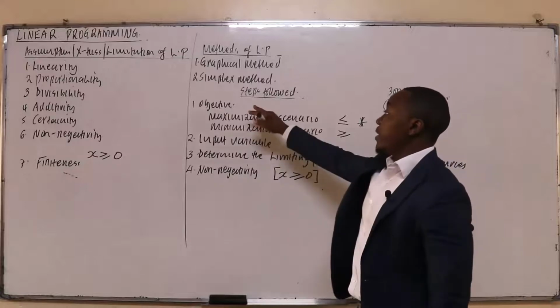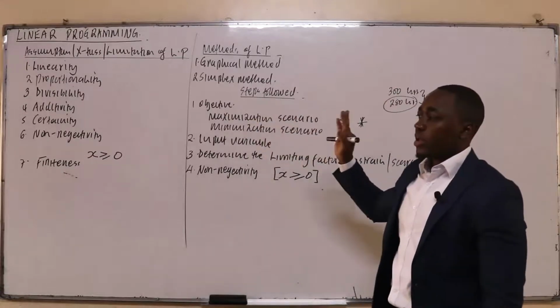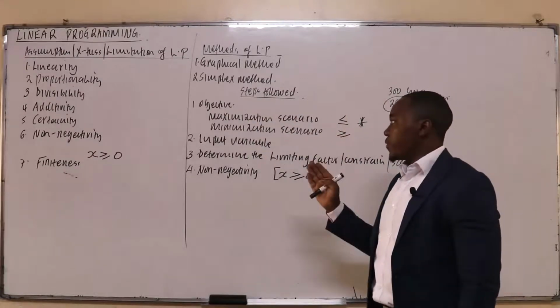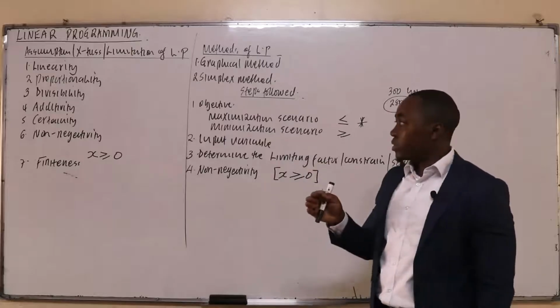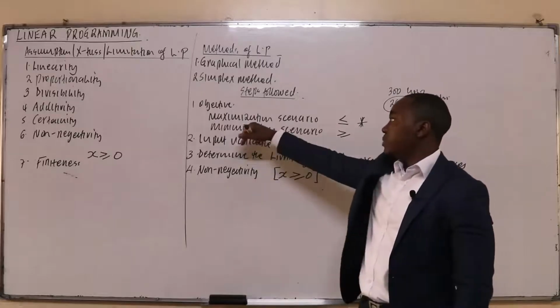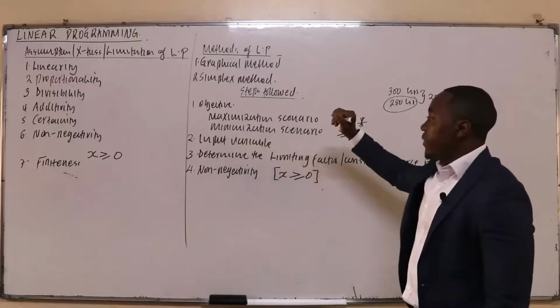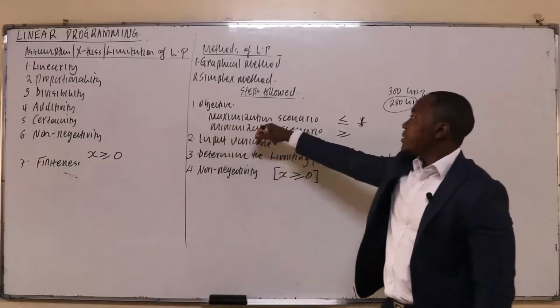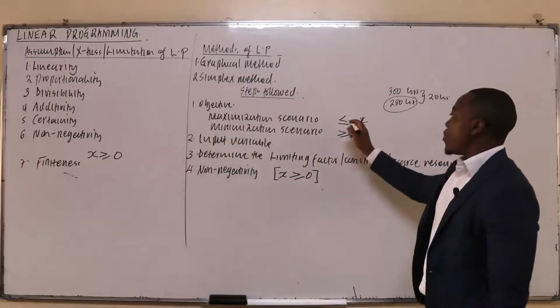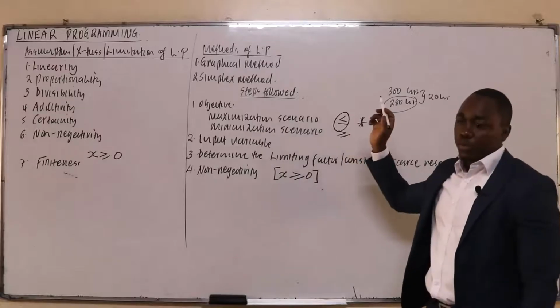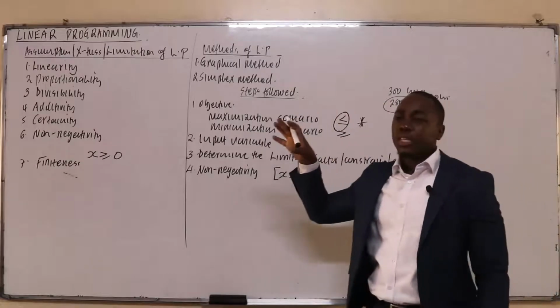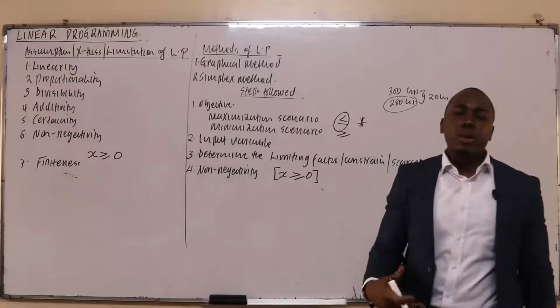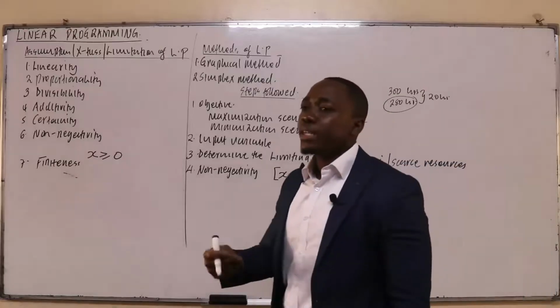Number 1, you identify the objective, and in this case, we have 2 objectives in a business. It's either profit maximization or cost minimization. But in your case, you'll only be dealing with the maximization cases, and when using maximization, you'll be using the inequality of less or equal to. Then, once you identify the objective, step number 2, determine the input variable. Input variable, what do you need to attain this objective?